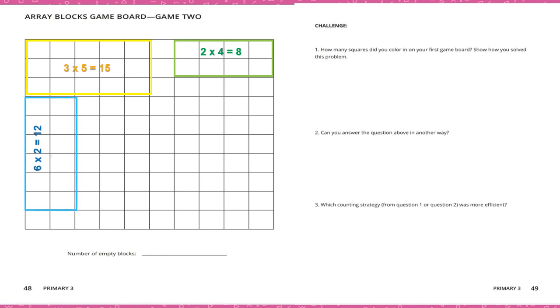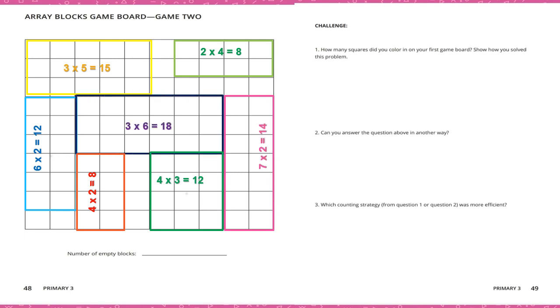Here 6 times 2 equals 12, 6 rows and 2 columns. 4 times 2 equals 8, 4 rows and 2 columns, and so on. Then we will count to find the number of empty blocks. The empty blocks we didn't color, they are 13 blocks.